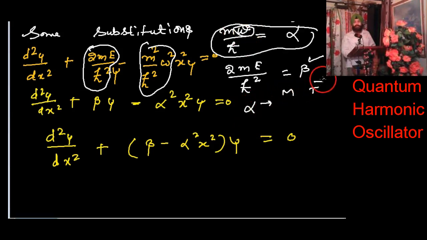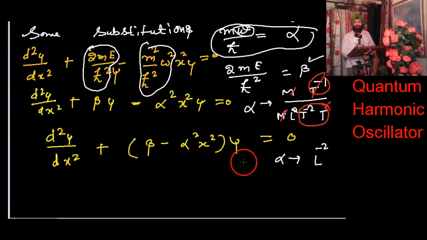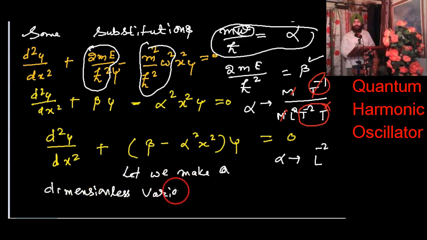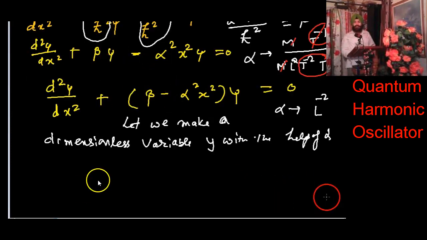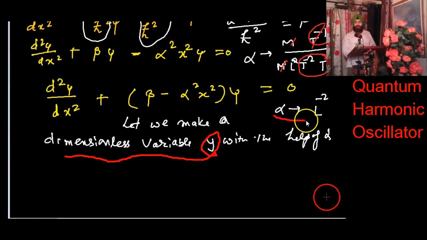Now one thing is very important. What is the dimension of alpha? The dimension of alpha is L raised to power minus 2. Now we are making another substitution, a dimensionless variable y, with the help of alpha, because we know very well alpha has the dimension of L minus 2.